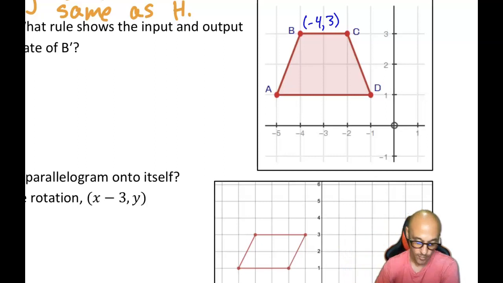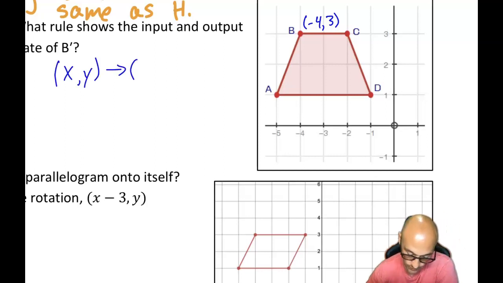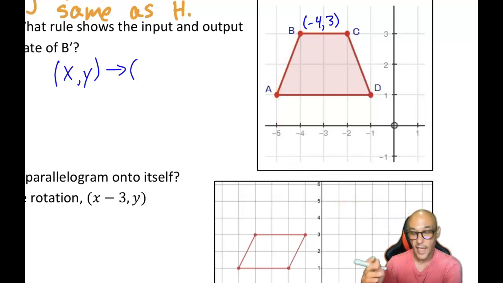They're the same transformation. And what it does is it takes a point x, y, well, let's just look at this point right here, -4, 3. It's going to go over here, and the x and the y switch.